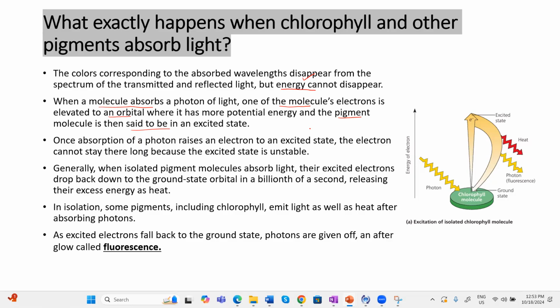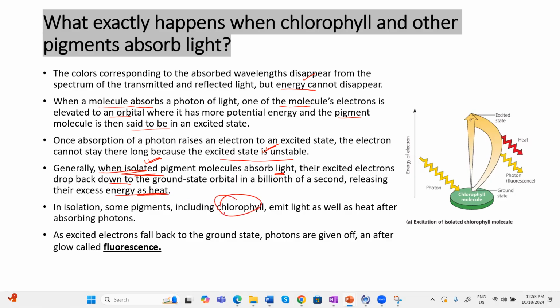After the electron moves away from the atomic nucleus, we say the pigment molecule is excited. The excited state is actually unstable. So generally, when isolated pigments absorb light, their excited electron comes back down to the ground state, releasing excess energy in the form of heat.